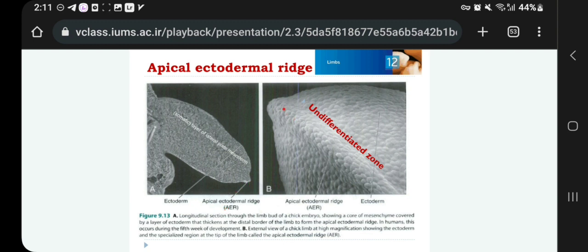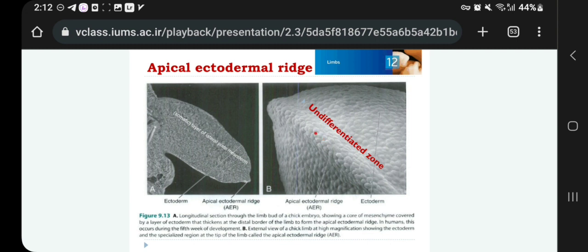The cells here have a special characterization. The cells here exert an inductive influence on the underlying mesenchyme. What is the inductor? That's an inducer here, okay? That makes an induction effect or influence on the mesenchyme here.